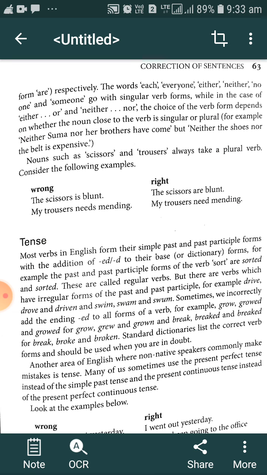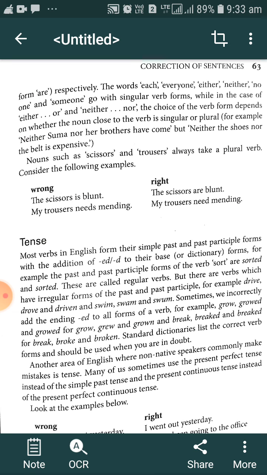That's why the noun nearest to the verb form is considered the subject of that sentence. Brothers is nearest to have, and according to that plural form, we have used have instead of has.